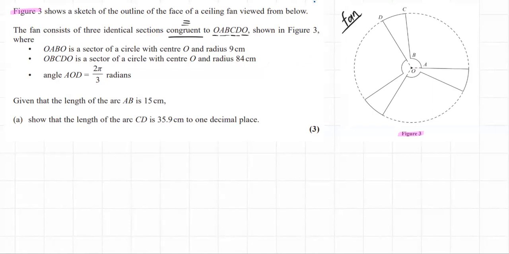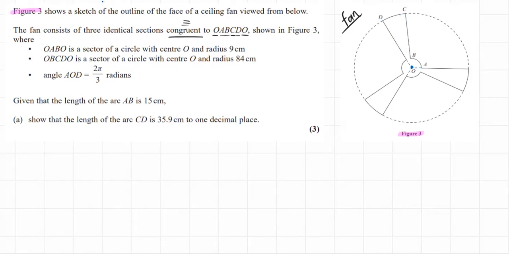If you look, O is here, A, B, O, A, B, C, D, O. It's got 3 sections that look like that, right?